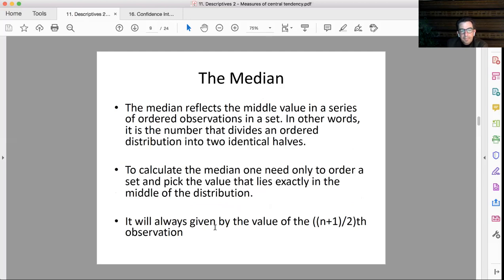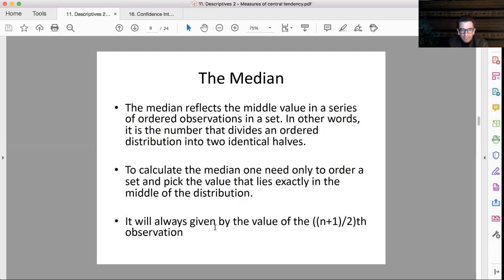Another one that is super useful is the median. The median reflects the middle value in a series of ordered observations in a set. It's the number that divides an ordered distribution into 2 identical halves.